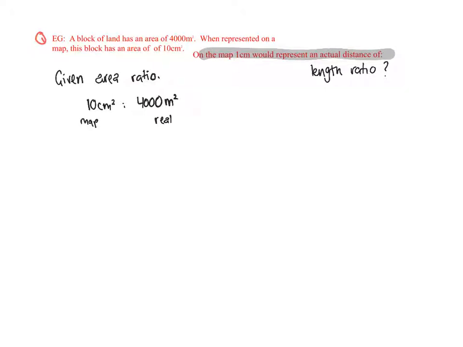Okay, so if you remember, when we went from length to area ratio, what did we do? Didn't we square things? Yeah? So if we go backwards, what's the opposite? We square root it, yeah?